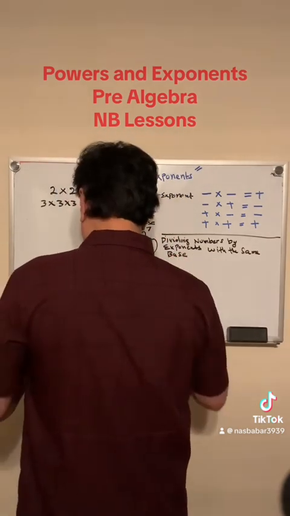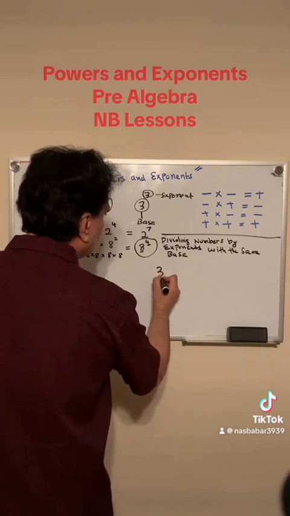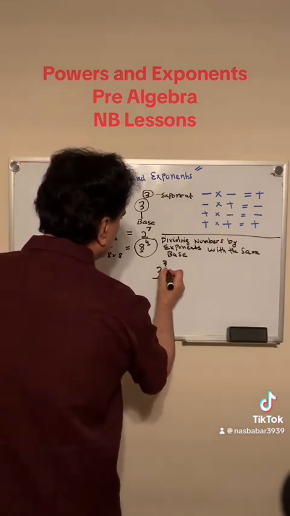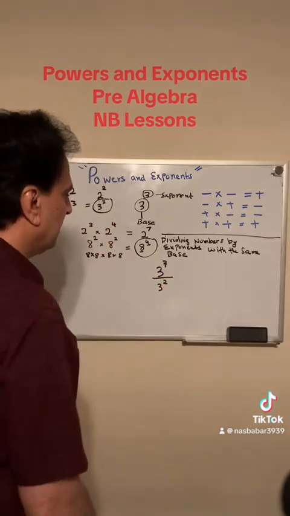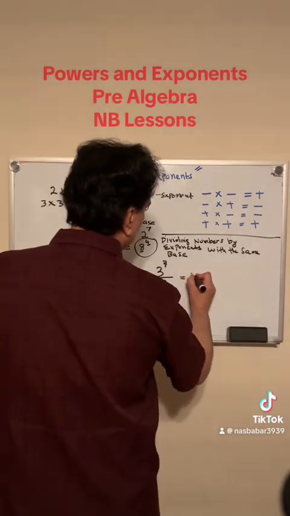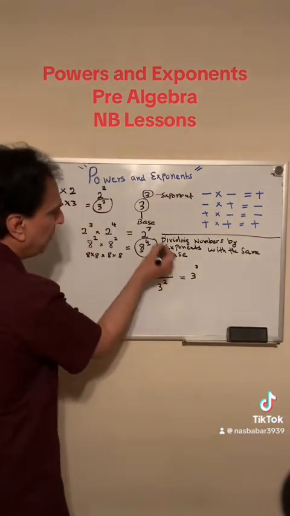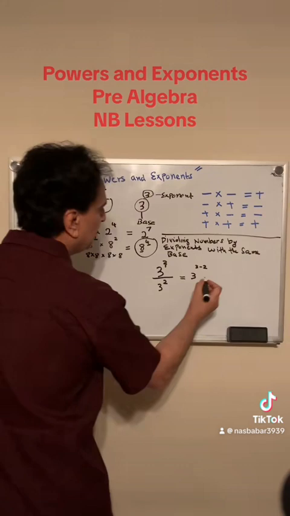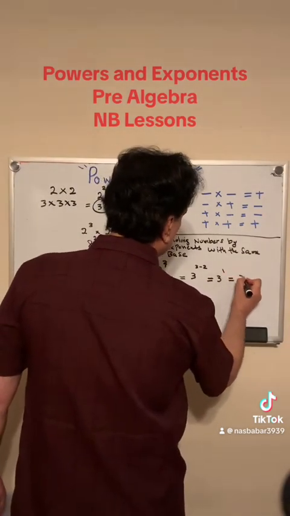Okay, so let's say we have 3 raised to power 3, and I want to divide it by 3 raised to power 2. How would that work? The way it works is that you have 3 raised to power 3, and when you bring this 2 up, you have to put a minus sign. So this becomes 3 raised to the power of 1, which is 3.